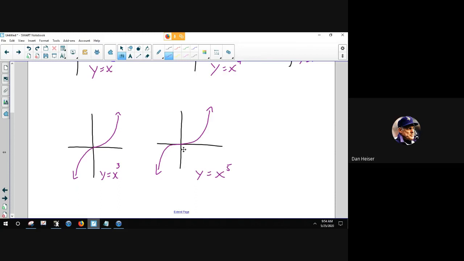Because we have very small numbers to a higher power, that's going to involve very small numbers. So it looks flat and then it takes off. And again, the higher we make this power, the flatter it looks and the steeper it rises once we get past 1.